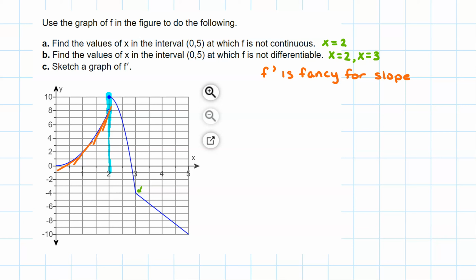So from 0 to 2, I shouldn't say bigger, I should say steeper. So the slope is getting steeper.